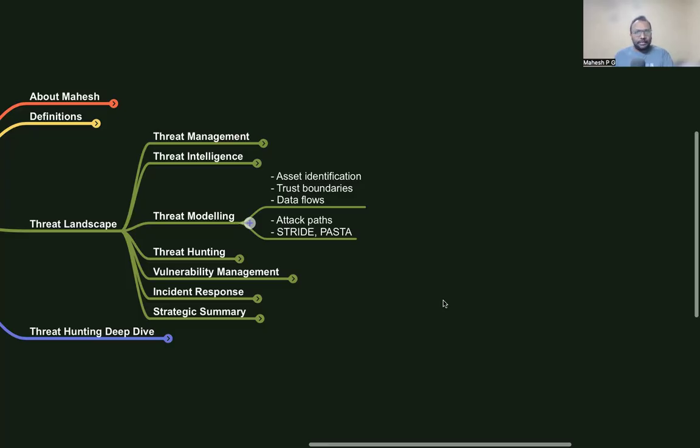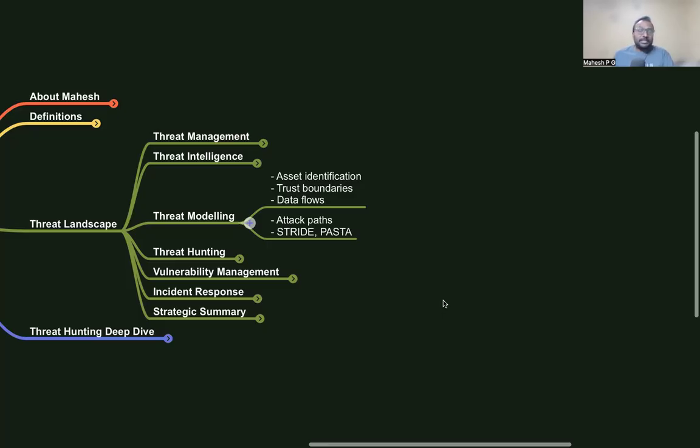And there are attack paths, and there are different types of threat modeling. One of the most commonly used is STRIDE from Microsoft: spoofing, tampering, repudiation, information disclosure, denial of service, and elevation of privilege. These different categories of threats will be mapped with that particular asset, application, or product that is being developed.